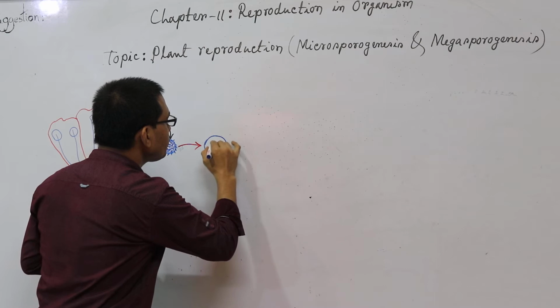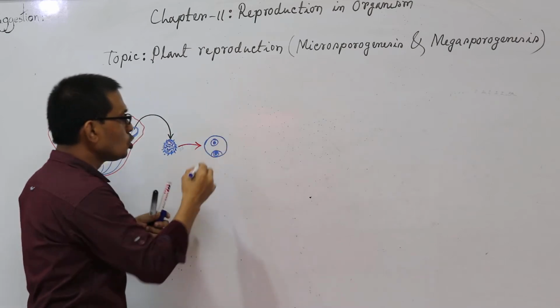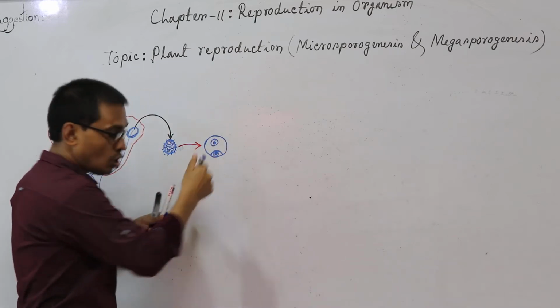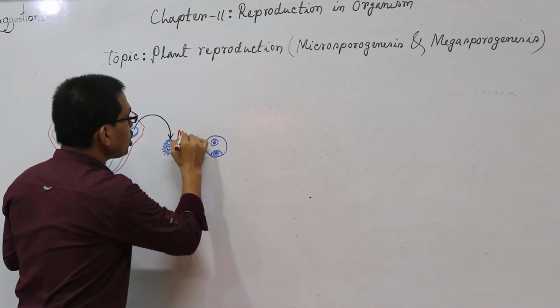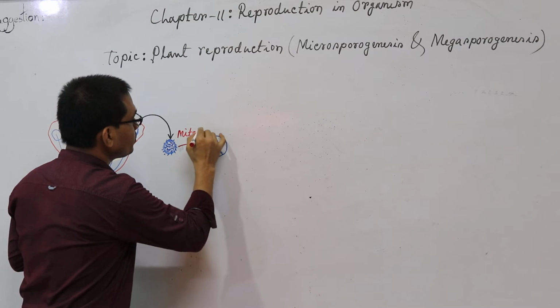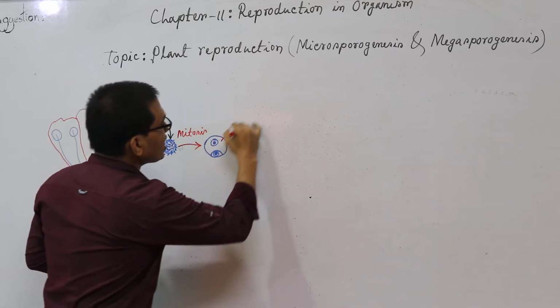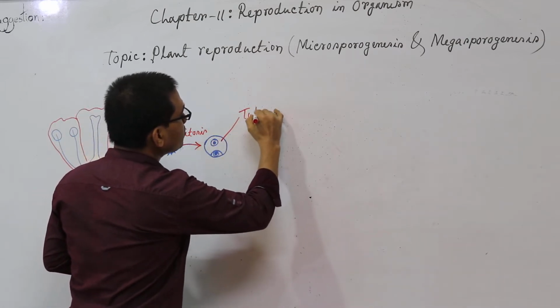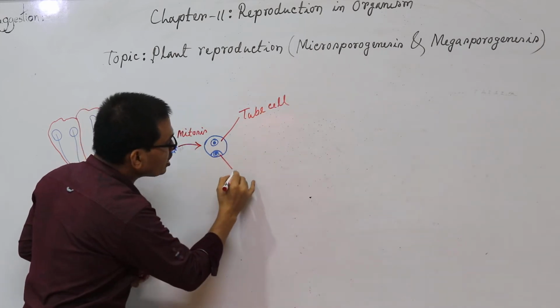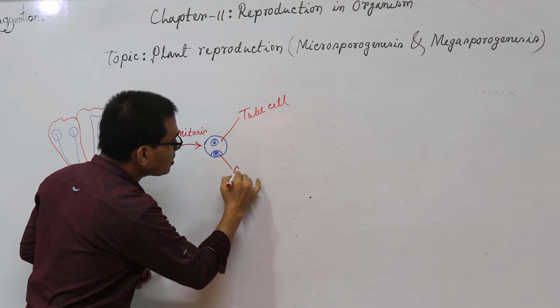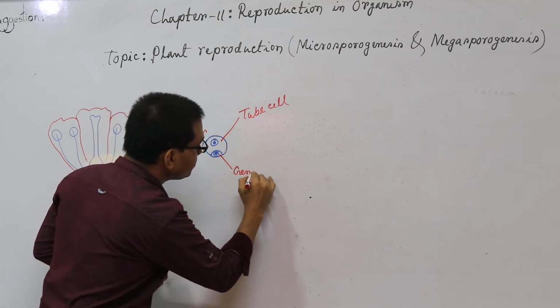One cell divides to 2 cells by the process of mitosis. This larger one is known as tube cell and the smaller one is known as generative cell.